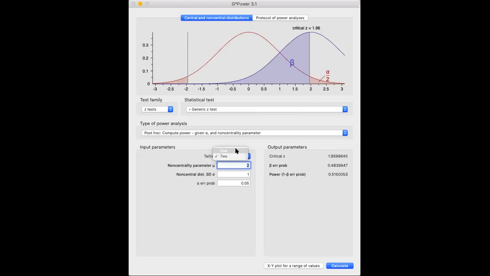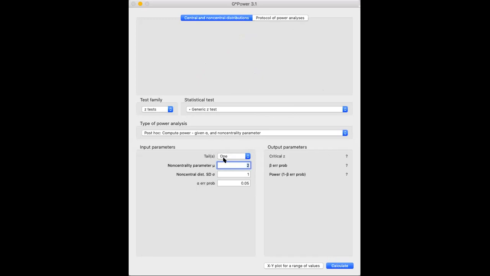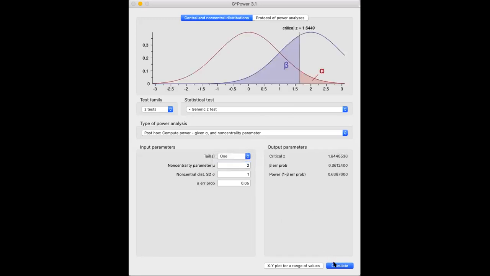If we have a one-tail test, if you click on one tail, keep everything else the same and calculate, we notice that this critical Z value has moved to the left. Now it's 1.64 instead of 1.96, because we now have the entire alpha of 5% on the right-hand side of the null hypothesis distribution.